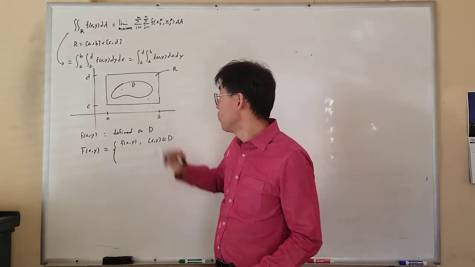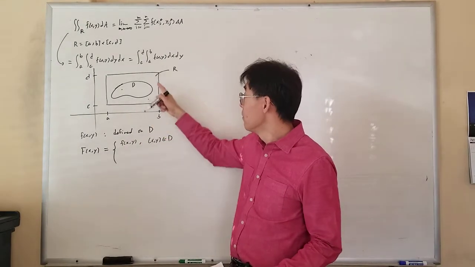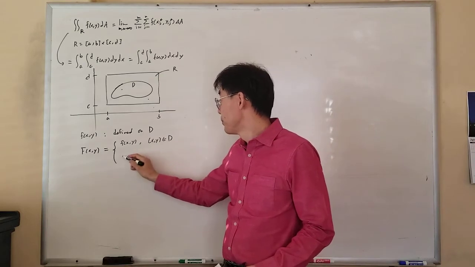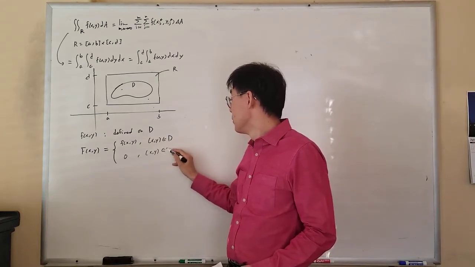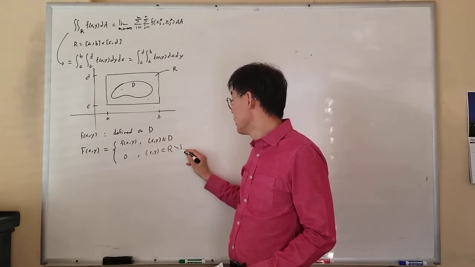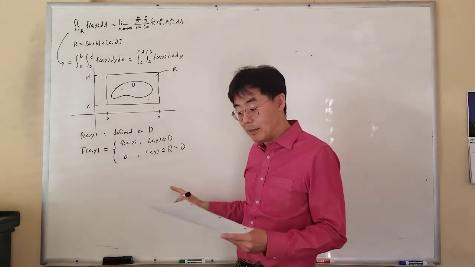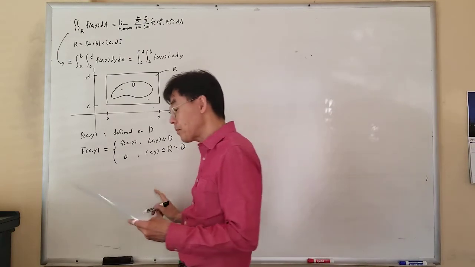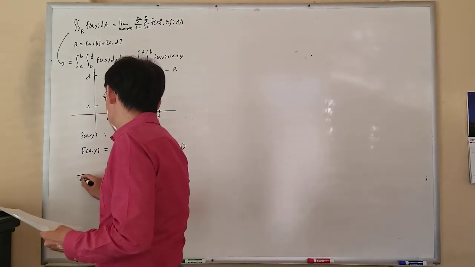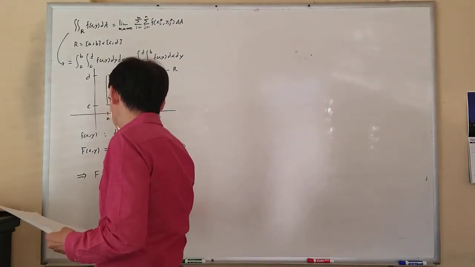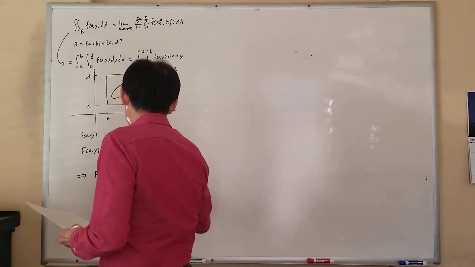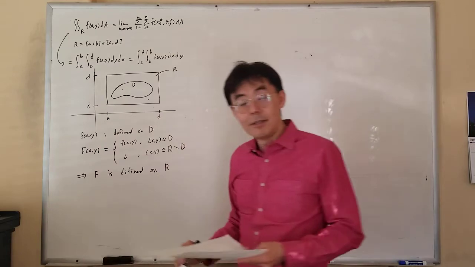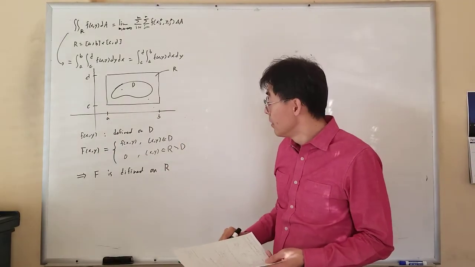However, if your point is outside domain D but inside R, we define it as 0. Then capital F is defined on the rectangle R. Okay?